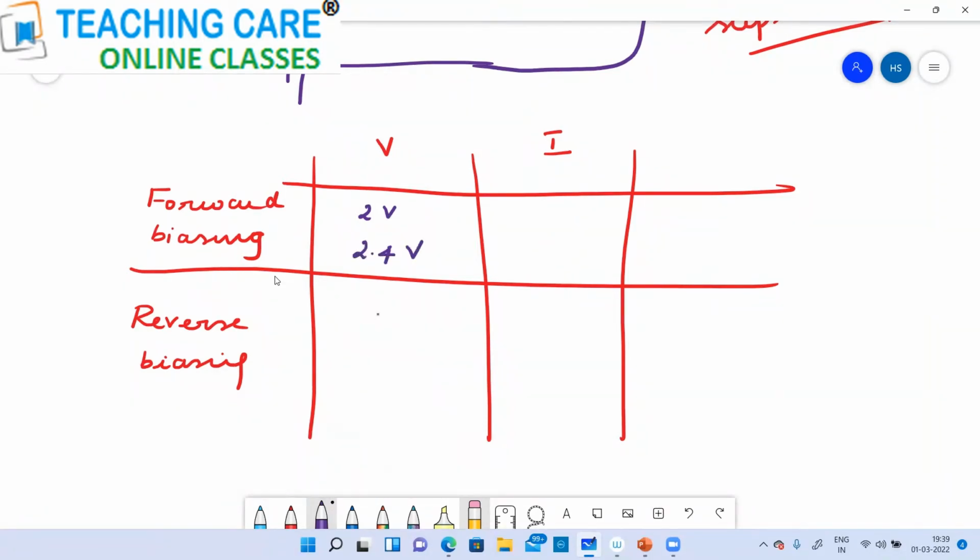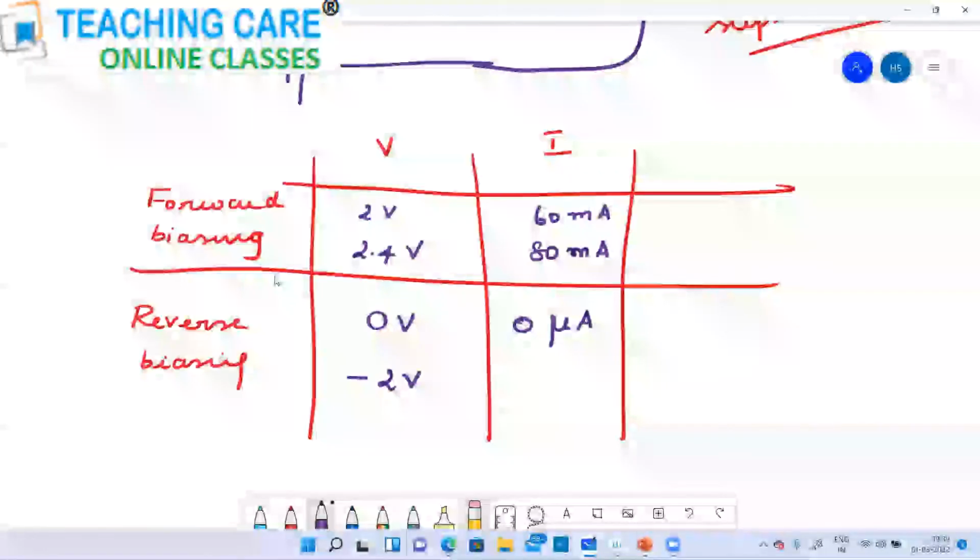This is a board question. 0 volt, 2 volt. 60 milliampere, 80 milliampere. 0 microampere, minus 0.25 microampere.